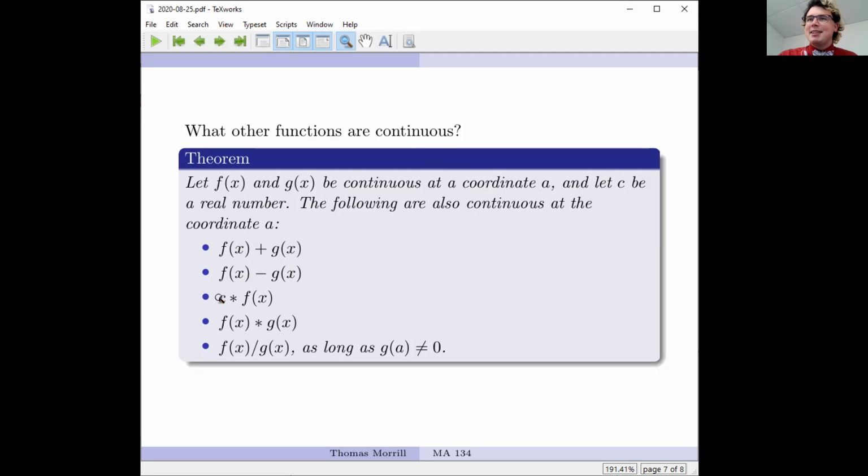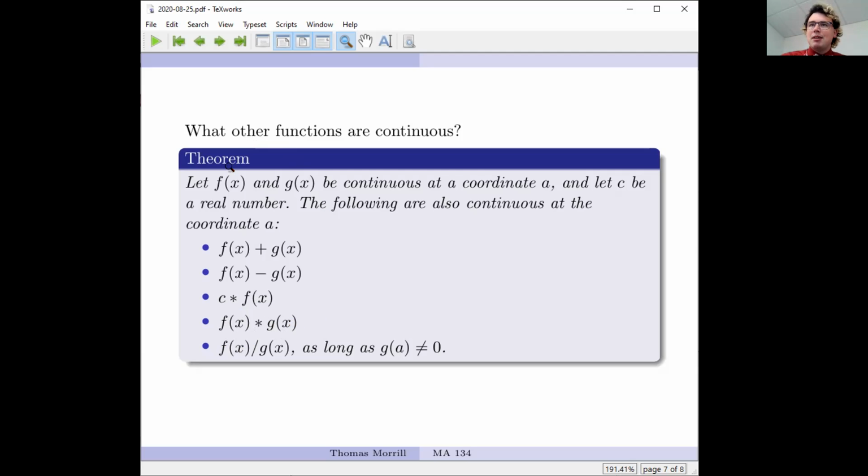The third is that the constant c times f of x is continuous. The function f of x times g of x is continuous. And finally, the function f of x divided by g of x is continuous. And again, this theorem is just for continuity at the point x equals a.